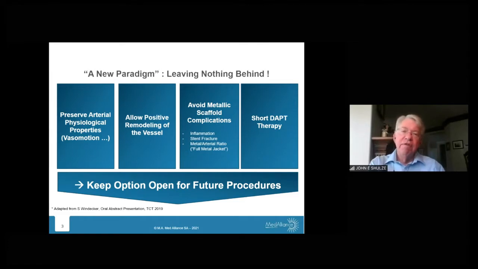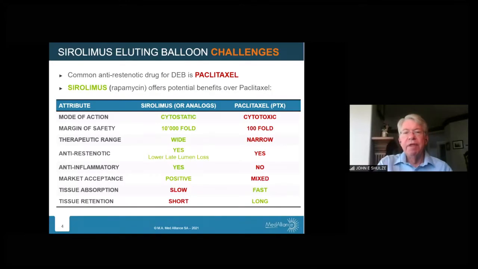So using a drug-coated balloon can keep the patient open for future interventional procedures more readily than a stent.